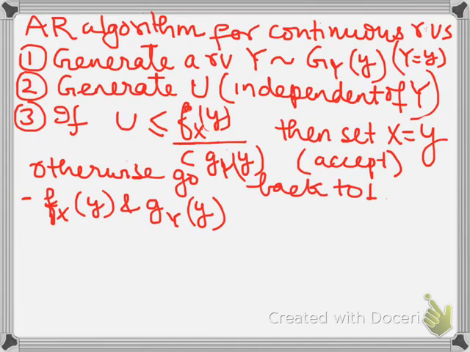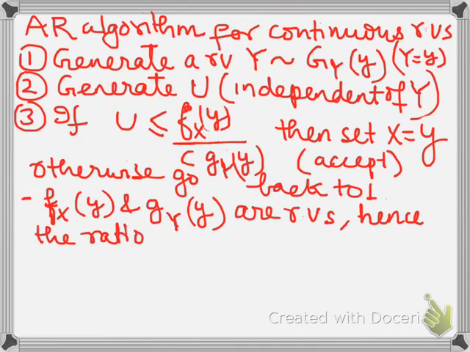You want to generate a random variable X, but you generate a random variable Y coming from g, and then you do some tests to see if you can keep that Y as your X. So these are random variables, and therefore the ratio f(Y) over c g(Y), with the uppercase Y, is a random variable, independent of U in step 2.